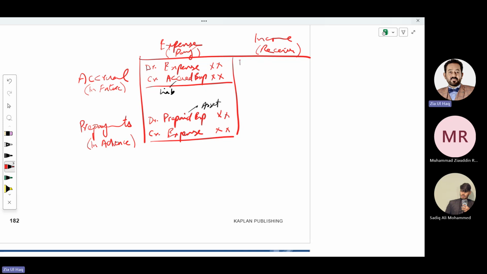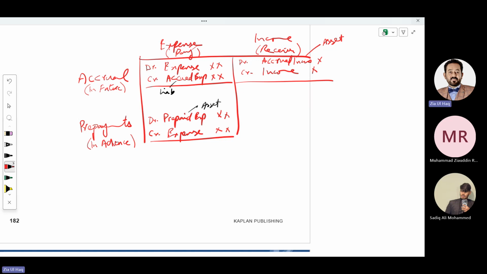So what we record is debit accrued income and credit income, the reverse of the expense entry. If it's a debit, it will be recorded as an asset, because we have provided the service, but we are going to receive cash in future. So that's why it's an asset, a receivable.